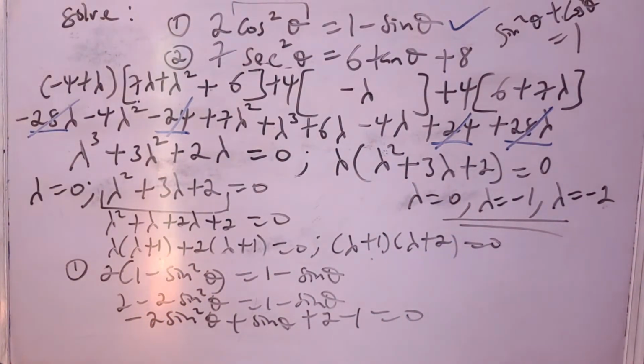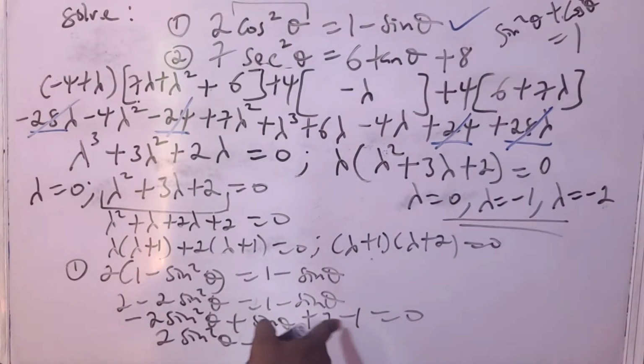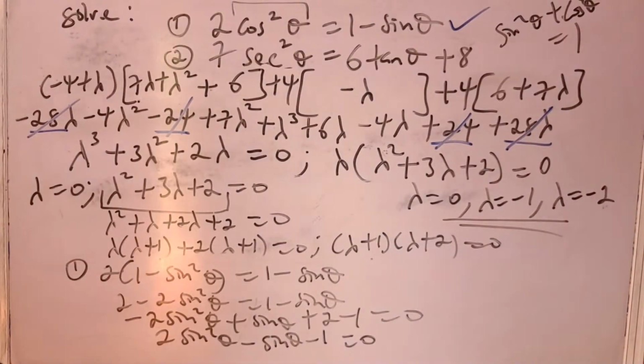It's always good to start your expression with a positive number, so I want to have plus 2. I'm multiplying through by minus, so 2 sine square theta minus sine theta. 2 minus 1 is actually plus 1, but because of the multiplication through by minus, it will turn to minus 1. Alright? So this is where you have to now solve quadratically.